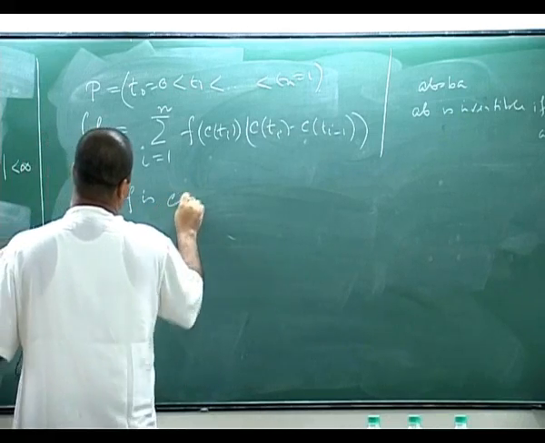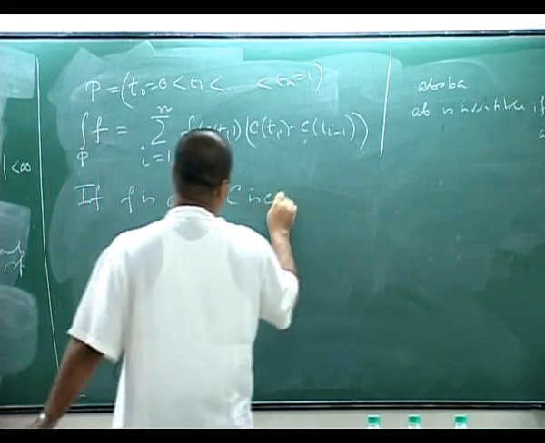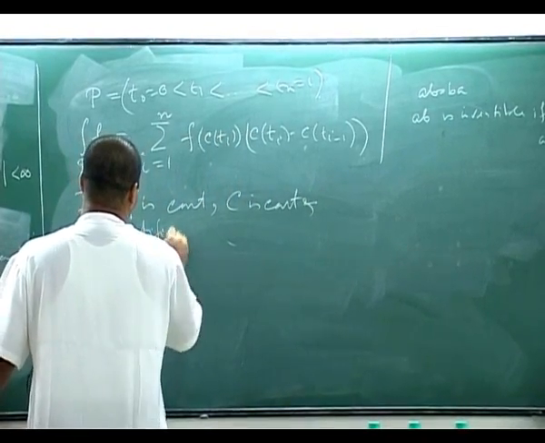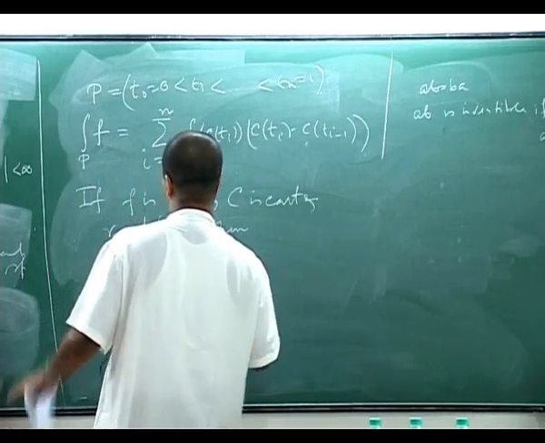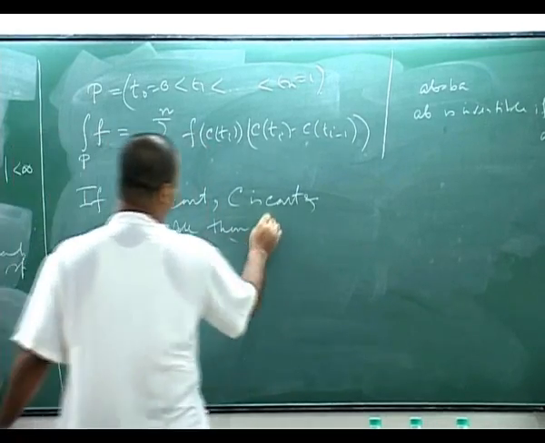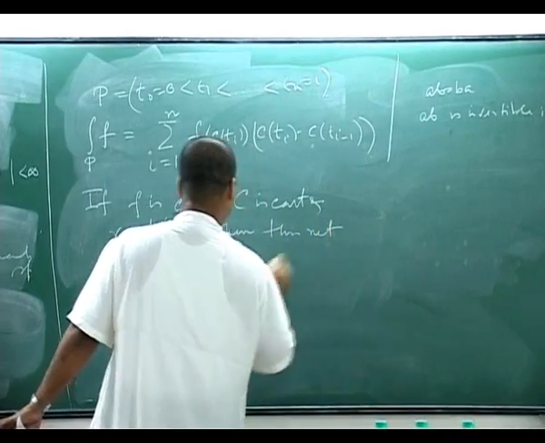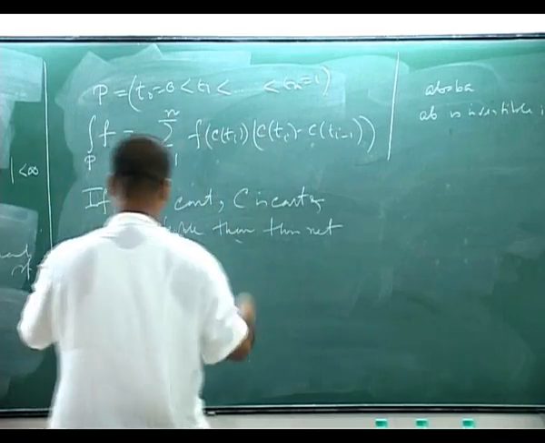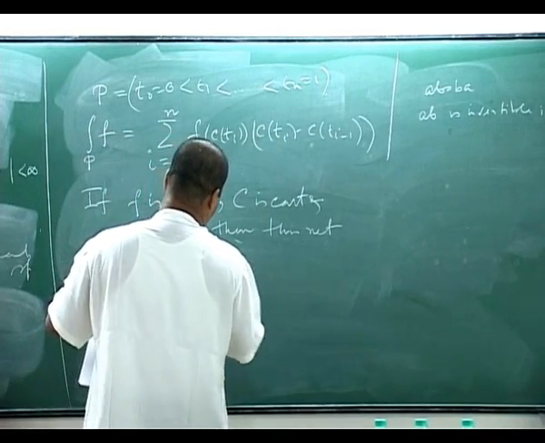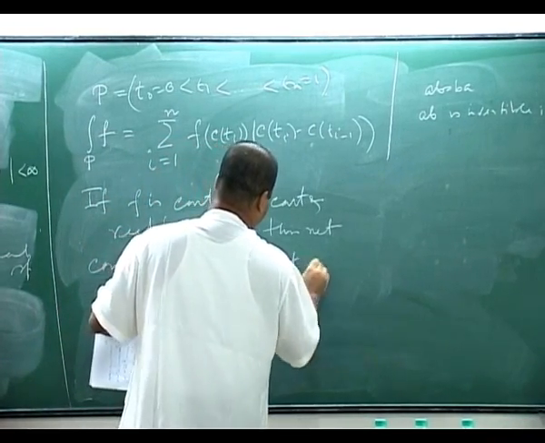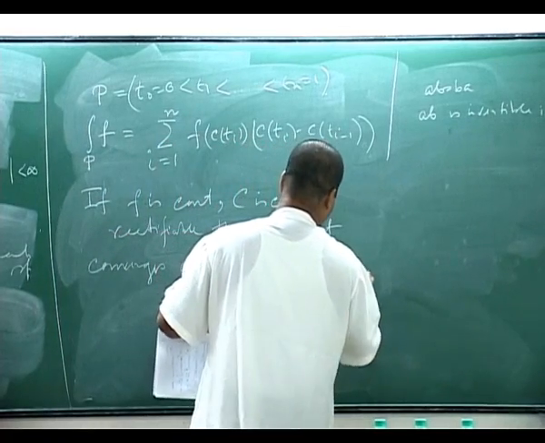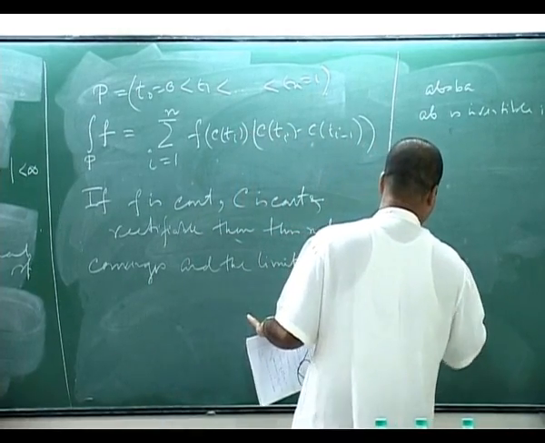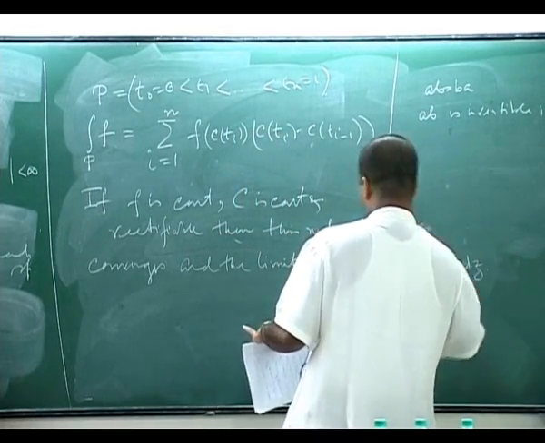and if f is continuous, and C is continuous and rectifiable, then this net converges. This is as in the Riemann integration, and the limit is denoted by the integral over C of f(z) dz.